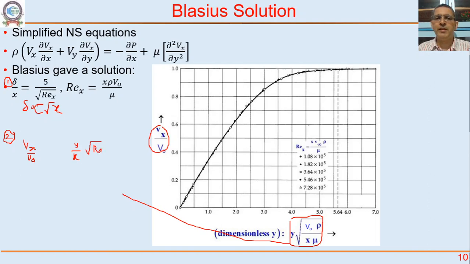It's a dimensionless y distance. He found that there is a unique relationship between these two variables. This relationship is independent of which x you are looking at. That means the velocity field is self-similar. Look at different values of Rex, but the data is on the same curve.